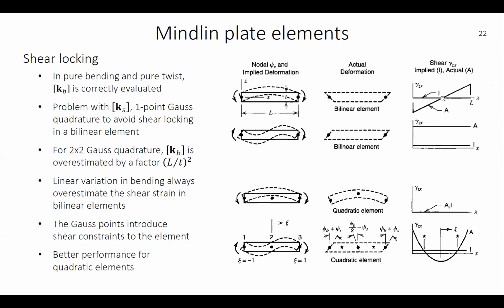So that could be used to avoid shear locking. And this is similar to what you obtain in four-noded bilinear plane elements, which are also prone to shear locking.